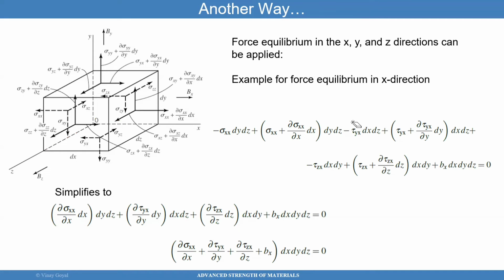Now I'll add to that the one at the top going to the right, which is this one. That one has an edge that's dz, and this edge is dx. That's why you see that there. So stress times area gives you force. That's what I'm trying to do here.